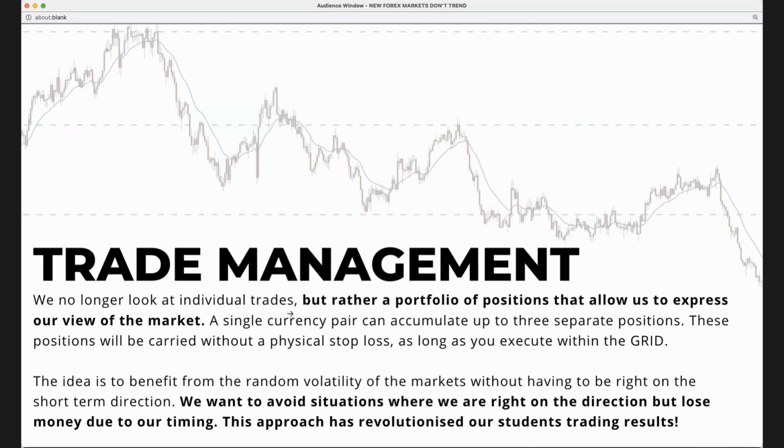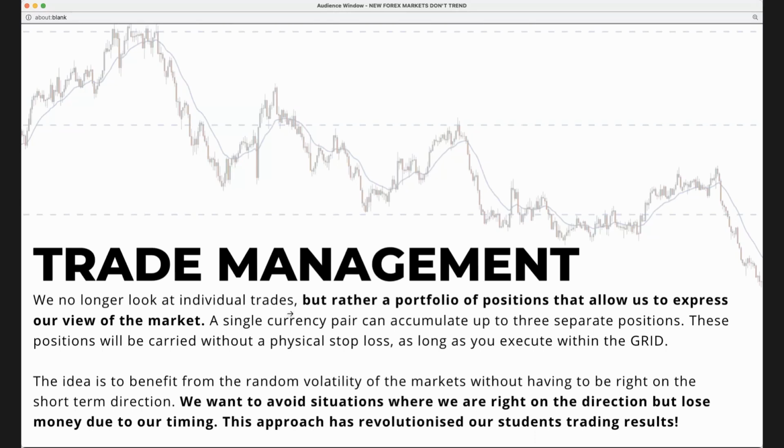Remember earlier, we need to stop ourselves from getting into a position where we need to be right away. No, we can be right in the long run, and as long as we're right in the long run, we will be able to make money. The idea is to benefit from the random volatility of the markets without having to be right on the short-term direction. We want to avoid situations where we're right on the direction, but we lose money due to our timing.